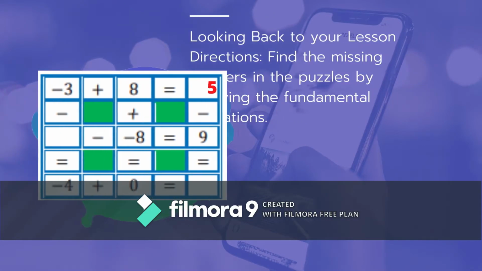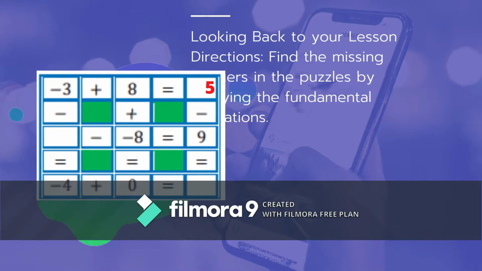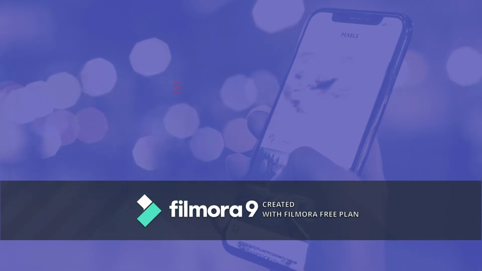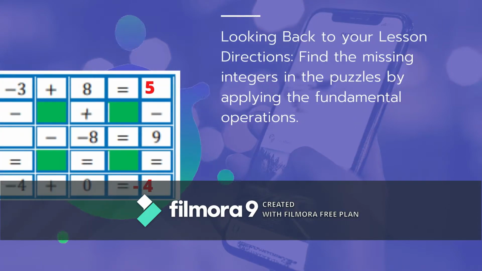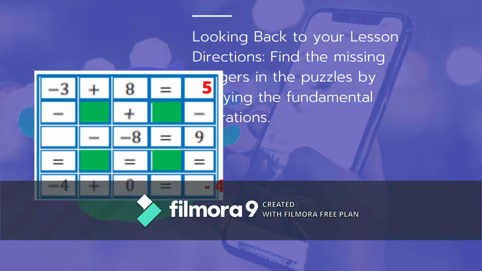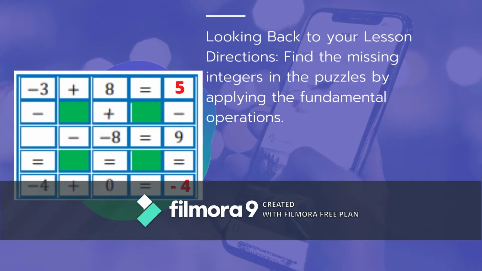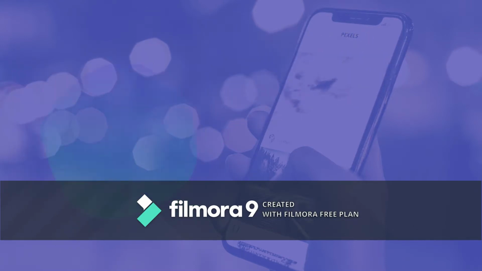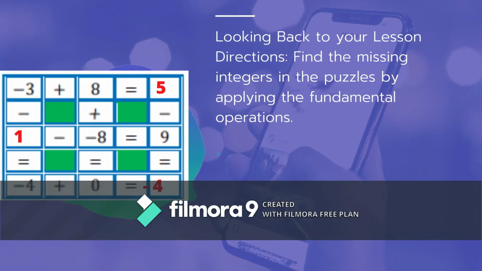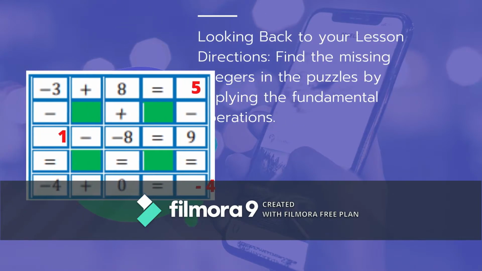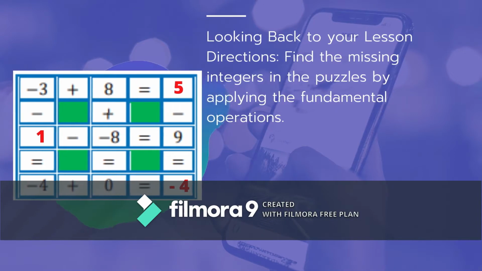Negative 3 plus 8 is equal to 5. Downward. 5 minus 9 is equal to negative 4. Across, 1 minus negative 8 is equal to 9, and negative 3 minus 1 is equal to negative 4.